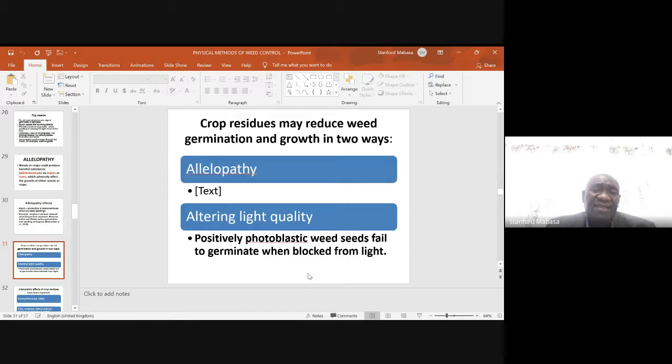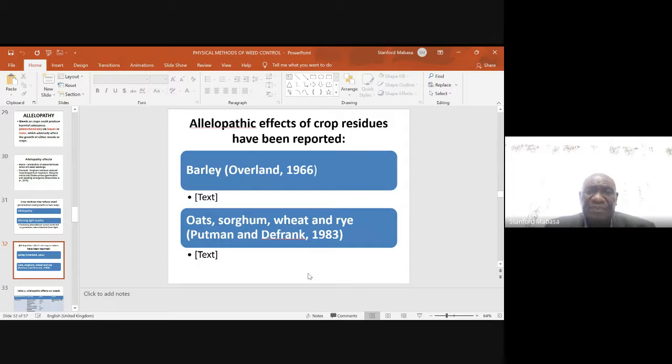So as we have just explained, crop residues may reduce weed germination and the crop growth in two ways, either allelopathy or altering light quality. The allelopathic effects of crop residues have been reported in barley.